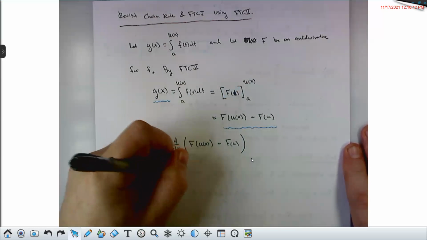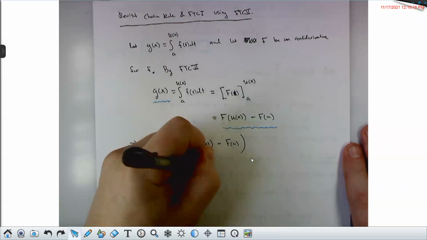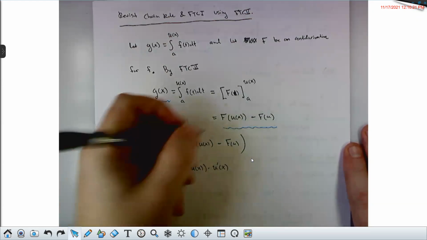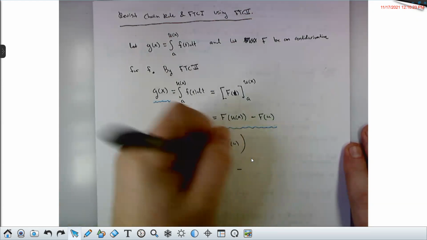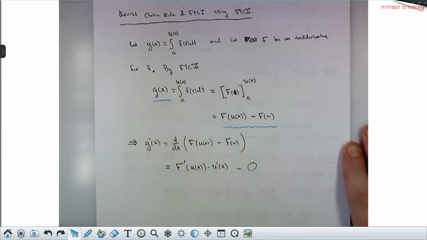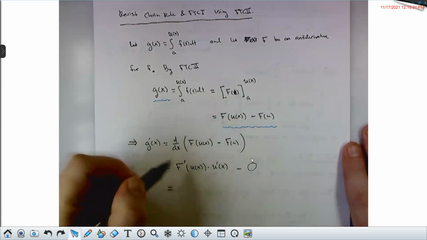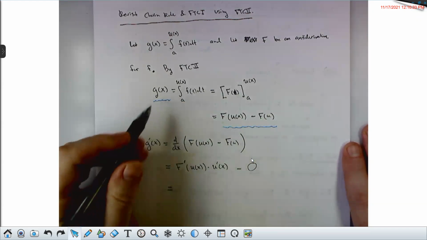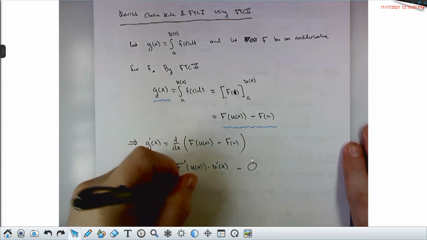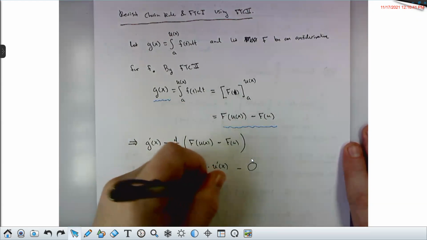So that would be big F primed of u of x. And then you multiply by the derivative of the inside, u primed of x. And the derivative of big F of a is just a constant. That would be 0. Big F primed is little f. So this is little f of u of x times u primed of x.